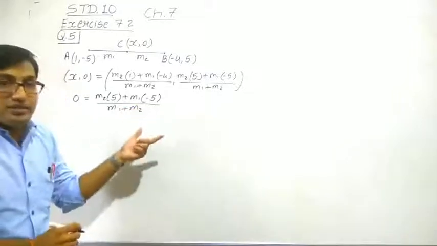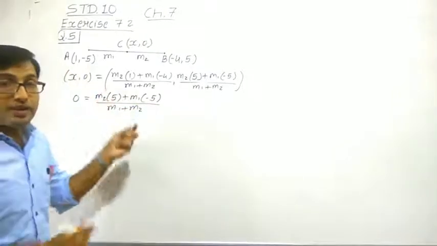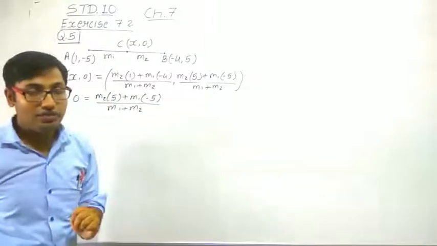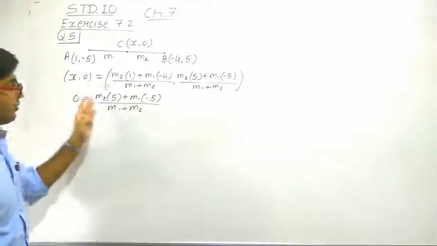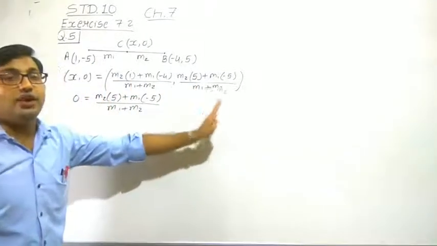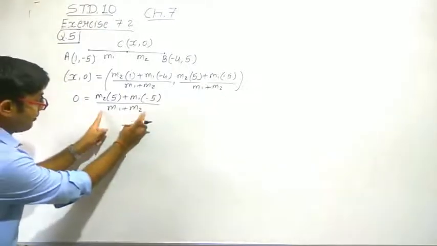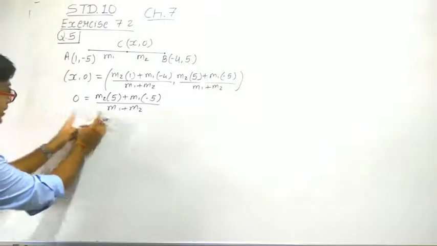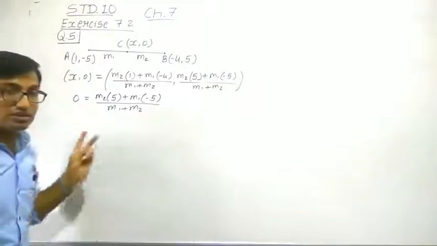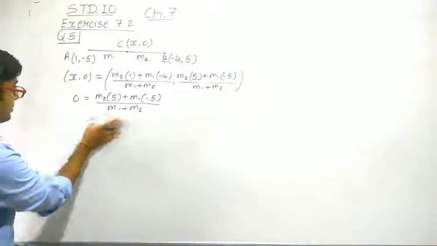So in the previous question, we compared the x coordinate and found the value of m1, m2. Here we compare the y coordinate and find the ratio. So when we take m1 plus m2 to the left hand side, it will multiply with the 0, so the total value becomes 0.